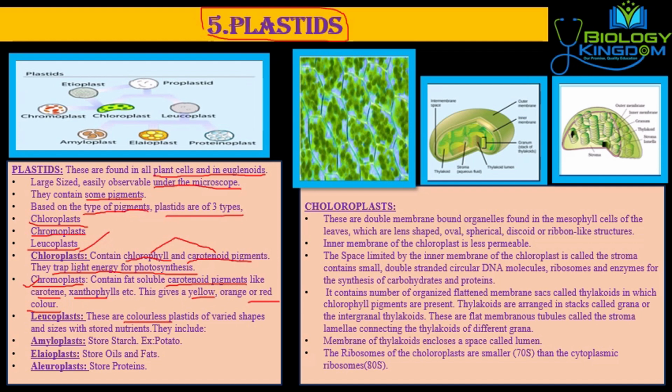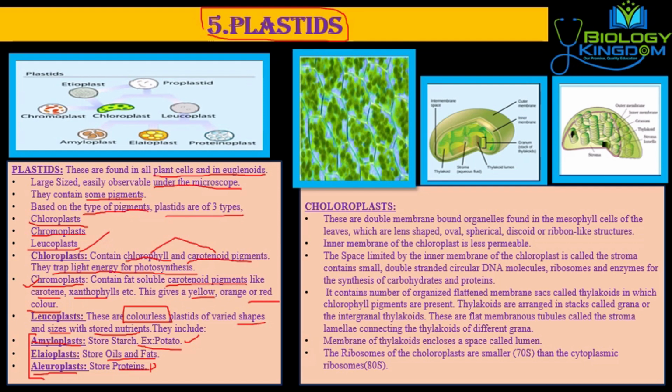Leucoplasts are colorless plastids which have various sizes and shapes. They store nutrients in them. We find leucoplasts in three major forms: amyloplasts which store starch, for example potato, elaioplasts which store oils and fats, and aleuroplasts which store proteins.